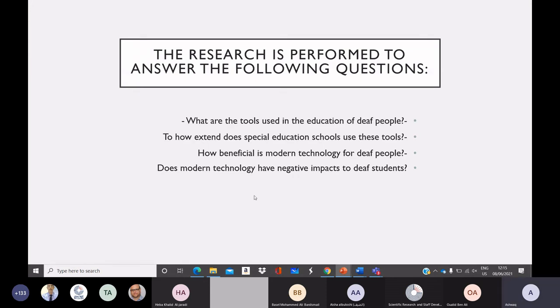To what extent do special education schools use these tools? How beneficial is modern technology for deaf people? Does modern technology have a negative impact on deaf students? Thank you.